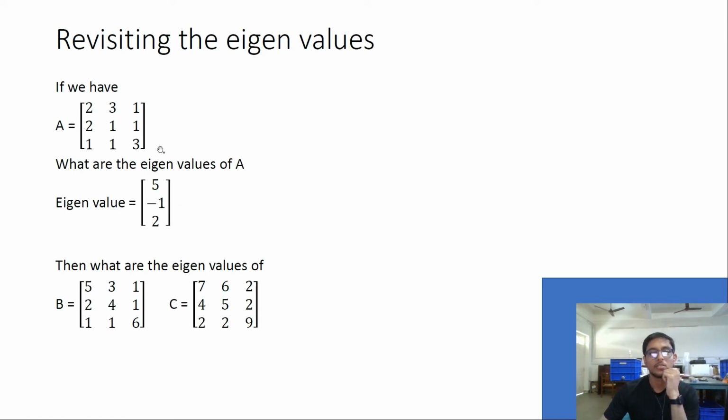So I have only done a linear operation on A to create B and to create C. Now that I have told you that I have just added 3 diagonally to matrix A to create B, can anyone tell me how I have gotten C from A?